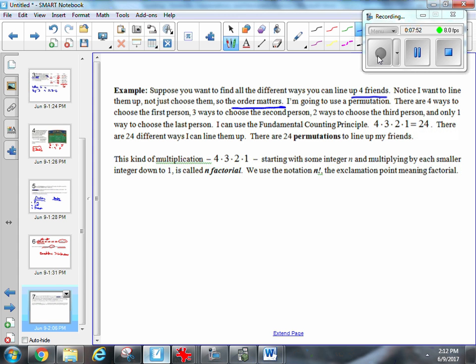I want to see how many different ways I can line them up, all 4 of them. So I'm going to use a permutation. So the first person I pick, there's 4 different people I can pick to put first. And then after I pick that person, I have 3 people left to choose from. And then I only have 2 people left to choose from. And then I only have 1 person left to choose from.